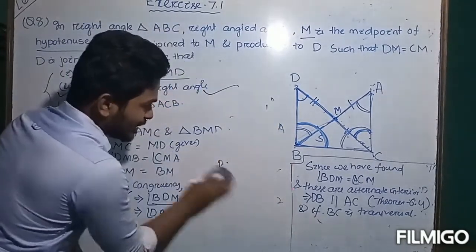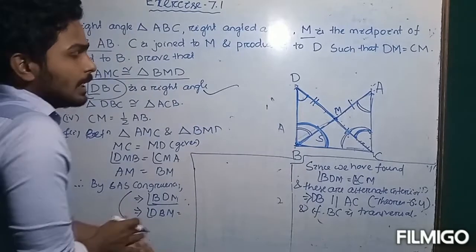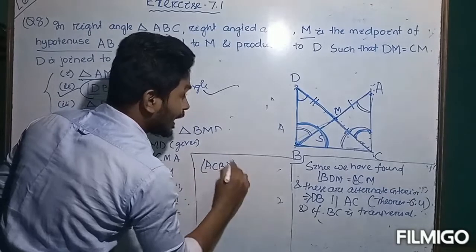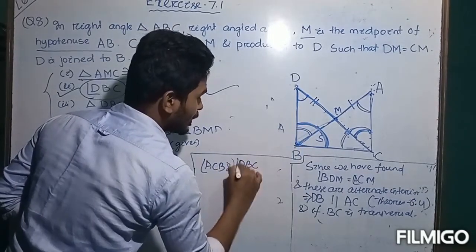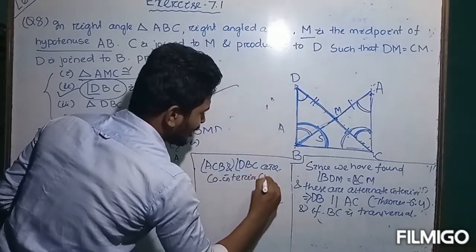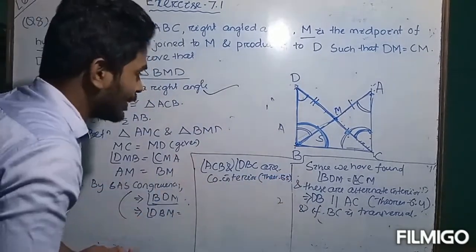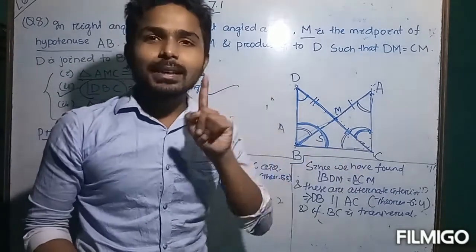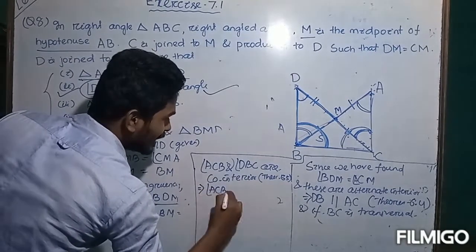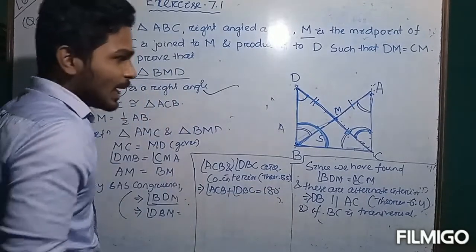Since there is no space, I have to erase it. You can take the screenshot, right? So this angle, ACB, and this angle, DBC, are co-interior. This is, I think, theorem number 6.5. And we know the sum of two co-interior angles is equal to 180 degrees. So ACB plus DBC is equal to 180 degrees.